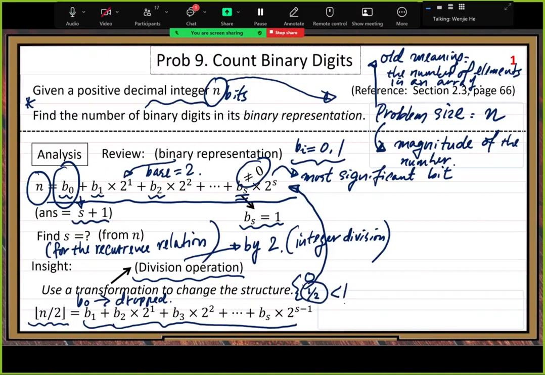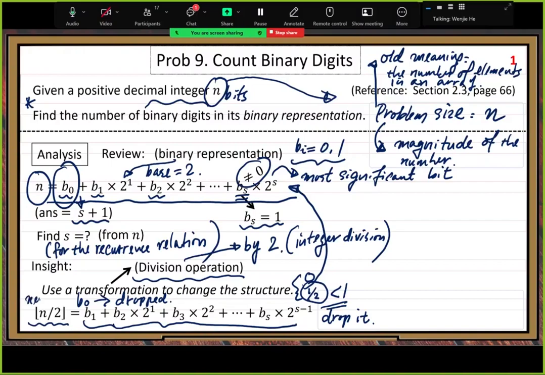Because that's the fractional part. So we drop it. All right.